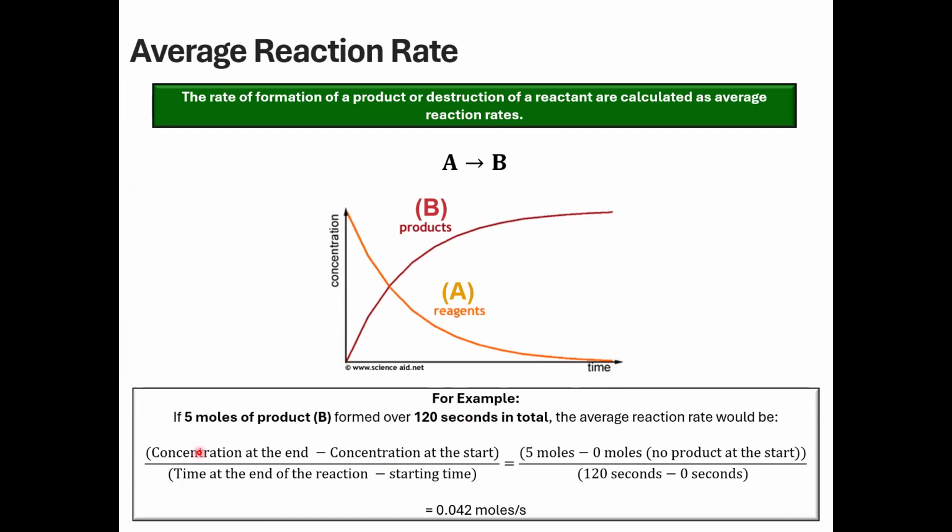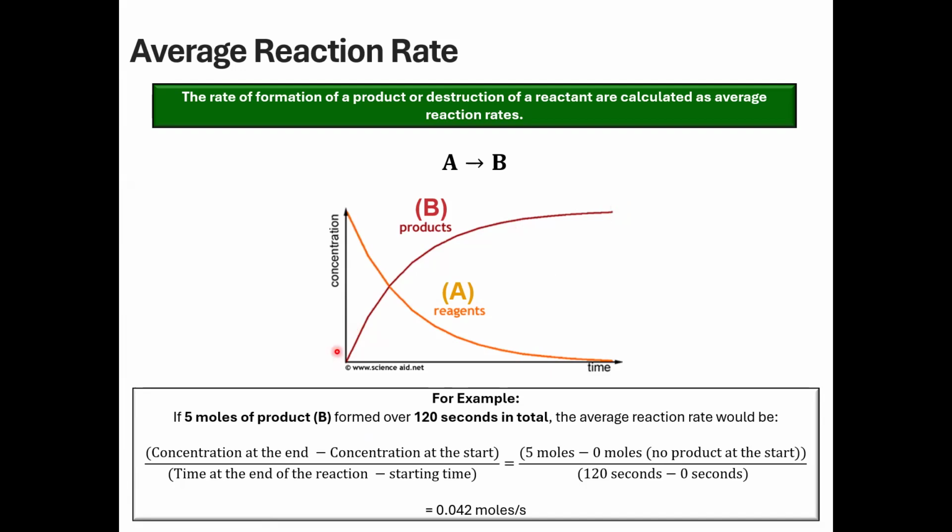What you'd look at there is the concentration at the end of the reaction, which in this case would be 5 moles. You're looking for the change, to see how that concentration changed over time, so you take your value at the end and take away the value at the very start.